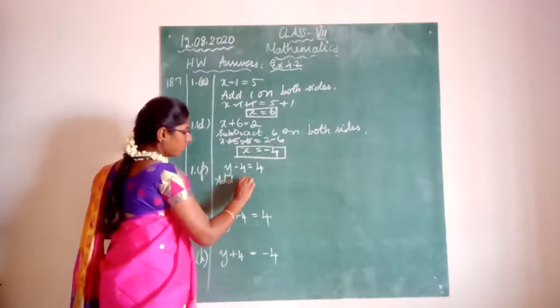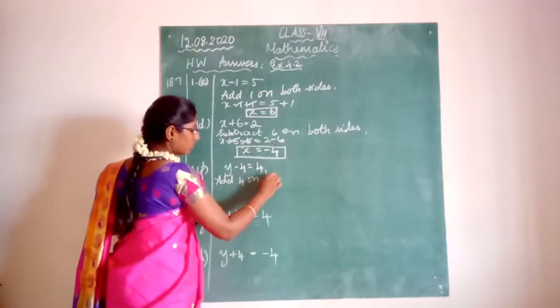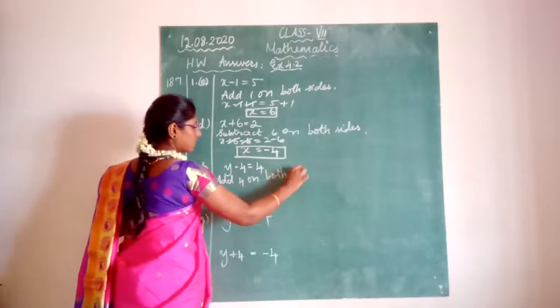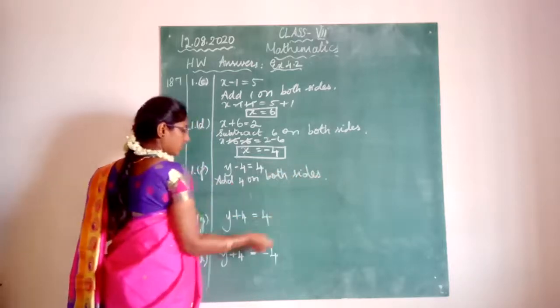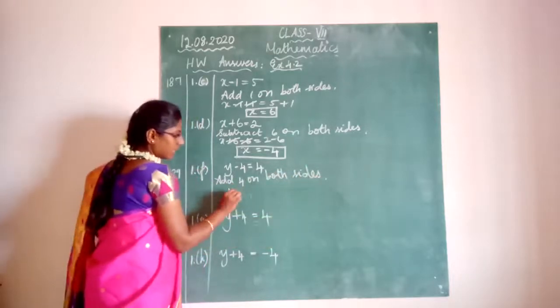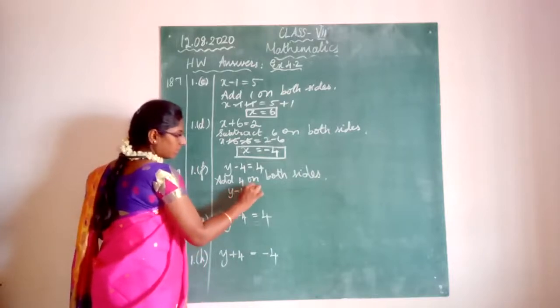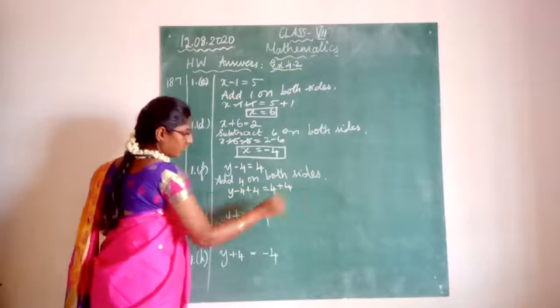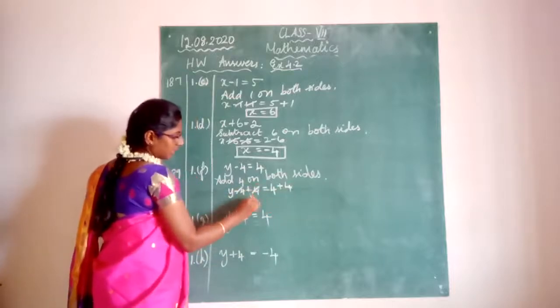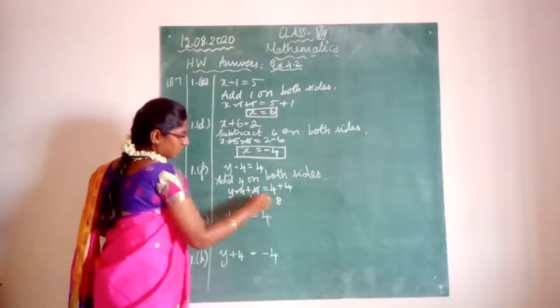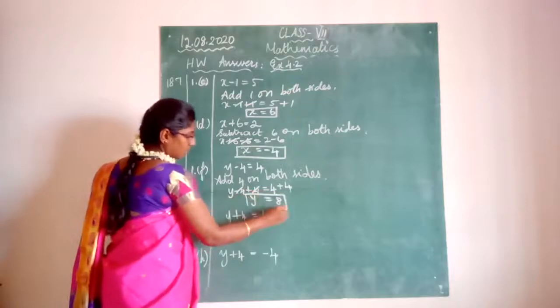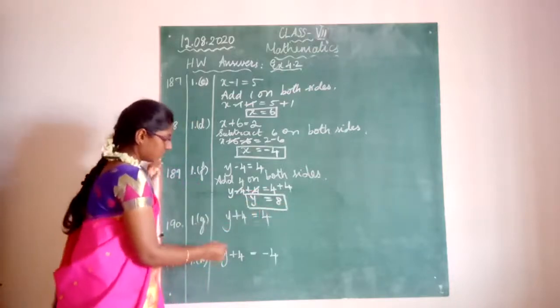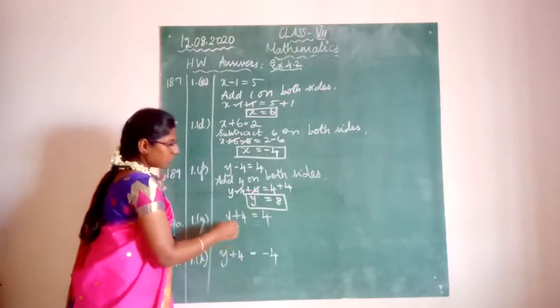Next, add 4 on both sides. So you will have y minus 4 plus 4 equal to 4 plus 4. Okay, minus 4 plus 4 will get cancelled. Y is equal to 8. Okay, next, y plus 4 is equal to 4.